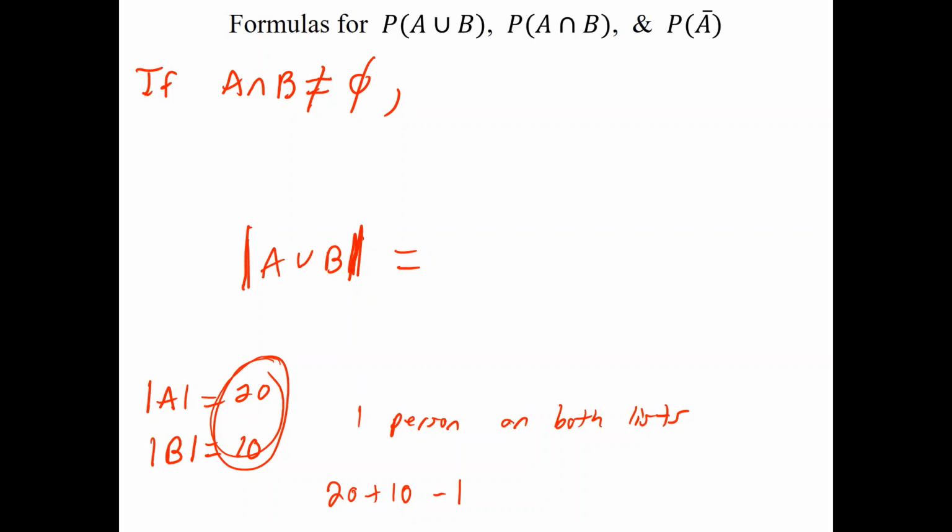Okay, let me change it. What if there's 2 people on both lists? Then how many people total are invited to the wedding? Well, I'm sure you figured out it's 28. But think about it this way. If you just add the 20 and the 10 and you get 30, you've counted how many invitations you have, but then you've sent out too many because 2 people got 2 invitations.